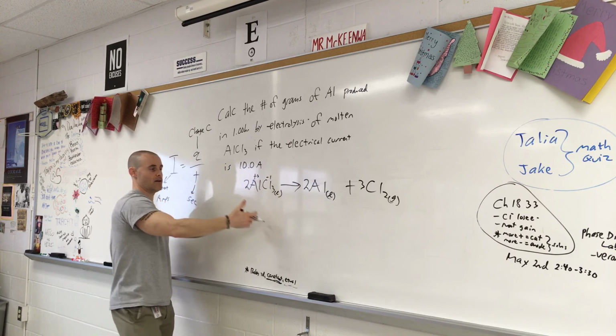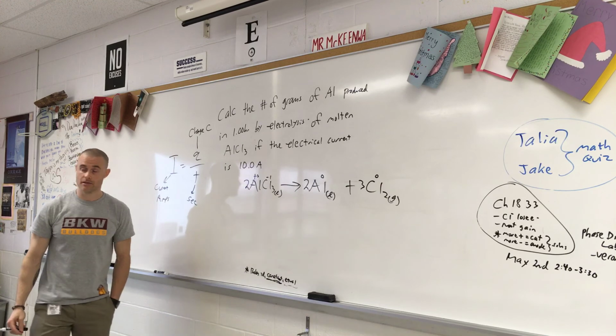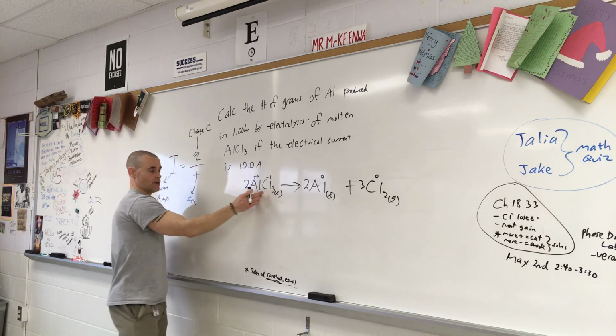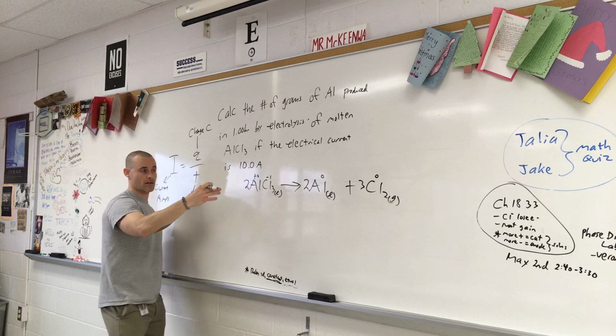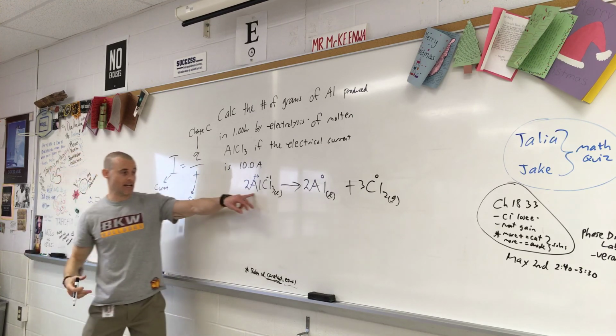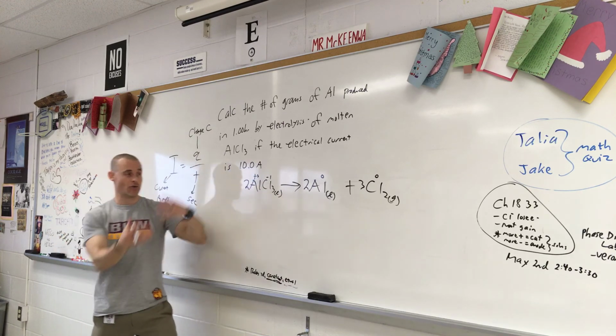If we split this into 2 half reactions, over here we have Al3+ and Cl minus, because those are the ions in the ionic compound. Over here, this is 0 and this is 0 because those are elements. Once they gain or lose electrons in the cell, these ions floating around create these two.